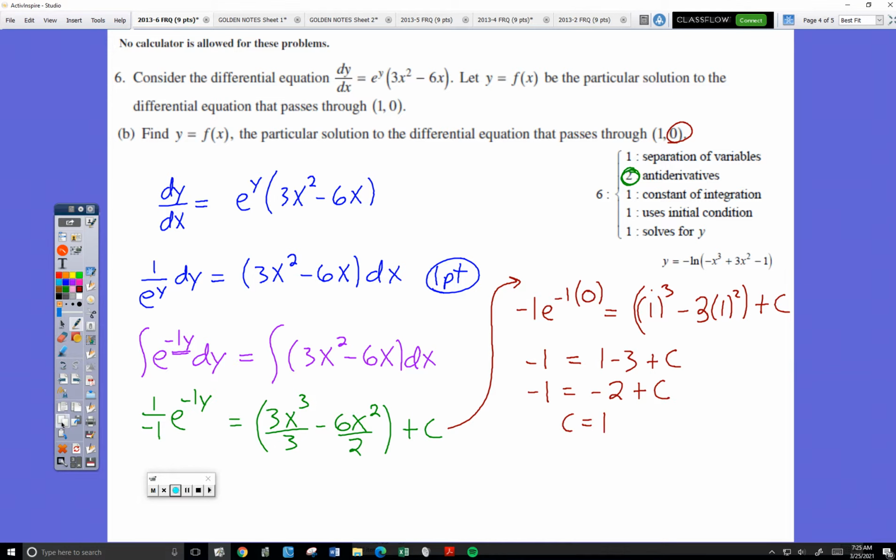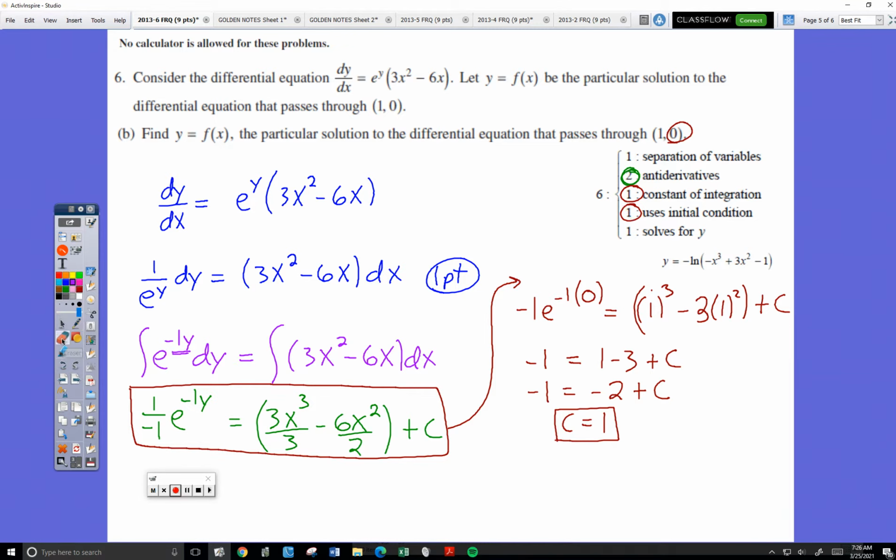So, let's copy this over. Now we're going to take the general solution here and replace c with 1. We've done the constant step, so that was 2 more points. Now we're just trying to get y by itself.